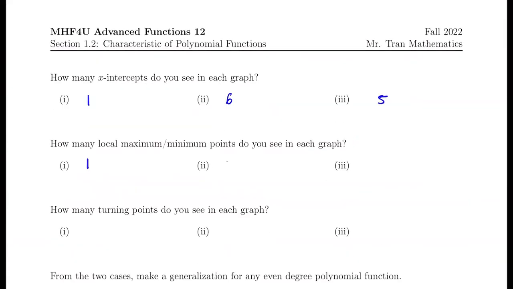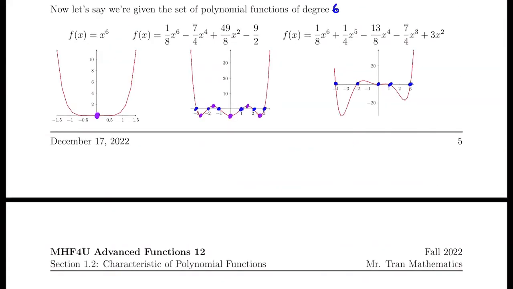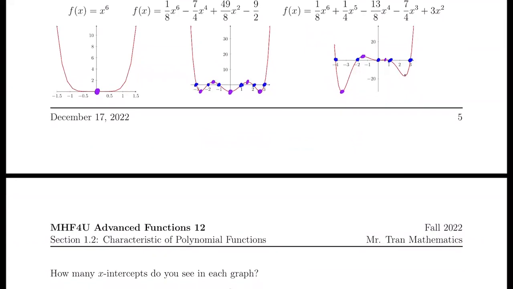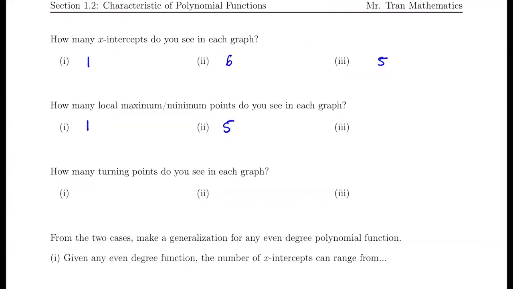And then in the last case, we would see that we have 1, 2, 3. There's 1 that's hidden in there, but there's 1 there. And 4. So we have 4 local minimums and maximums in total. And since the turning points is the same as minimum and maximum locals, we would have 1, 5, and 4 turning points.